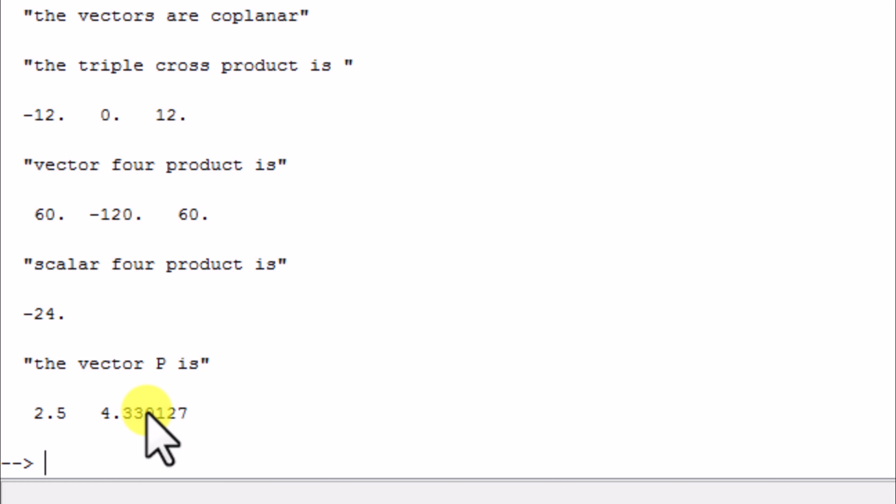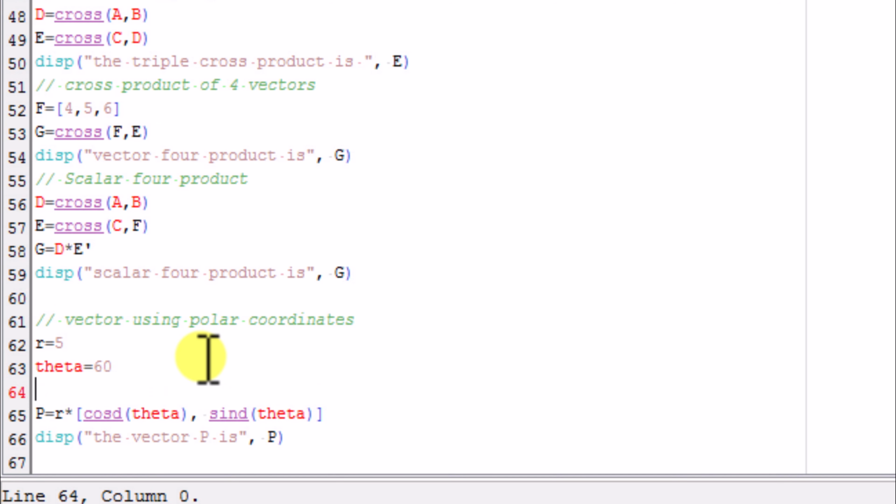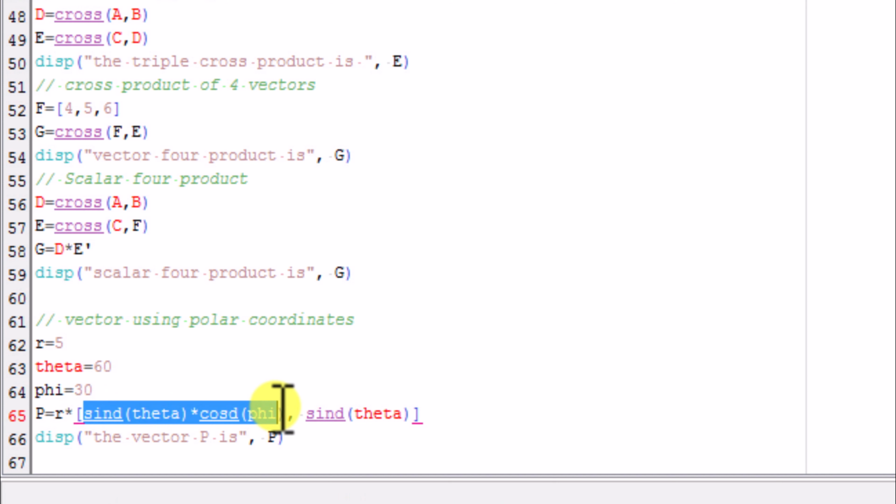This is a two-dimensional vector, with only x and y components. If I have to calculate three dimensions, then I have to give phi also. So let us give phi also. Phi is equal to, let us assume, 30. The x component is given by r sin theta cos phi, so sind of theta, then the multiplication sign, and cosd of phi.